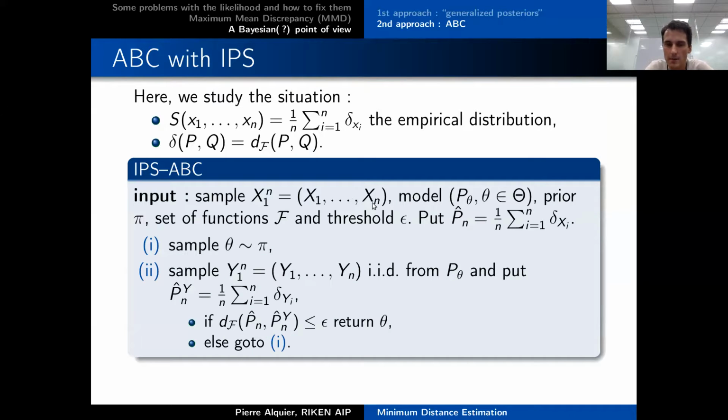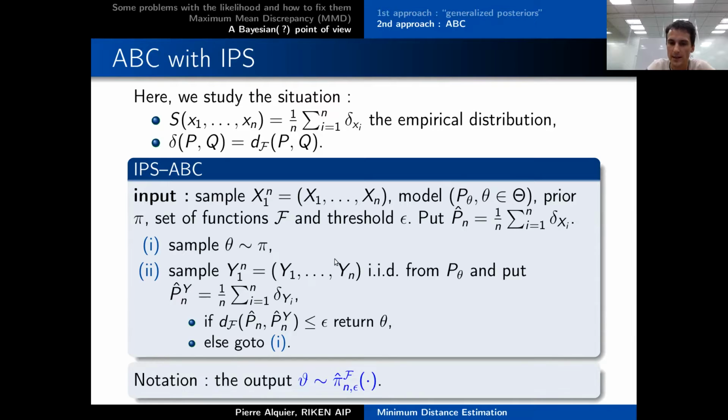The algorithm is maybe too many lines in the slide, but it's just the same as the previous one, apart from the fact that in the end, I will accept theta only if it produces a sample y1 to yn such that the empirical distribution of y is close to the empirical distribution of x in the sense of the corresponding integral probability metric.